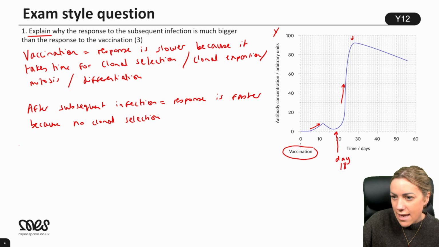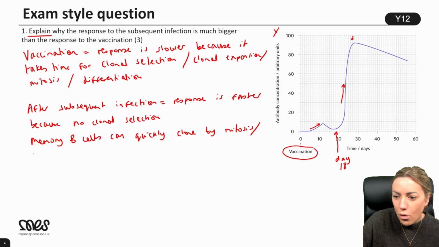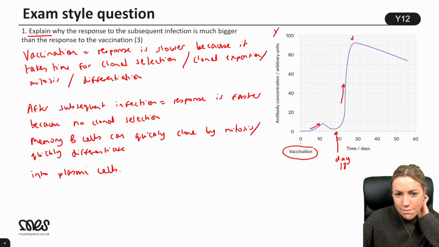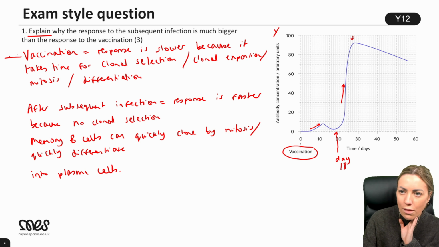You could say, I mean, we still need mitosis and differentiation, don't we? Because we still need the memory cells to differentiate into plasma cells. But you could say, you know, we have memory B cells which can quickly clone by mitosis or quickly differentiate into plasma cells. Okay, so in terms of marking point, you can get 1 mark for this idea.